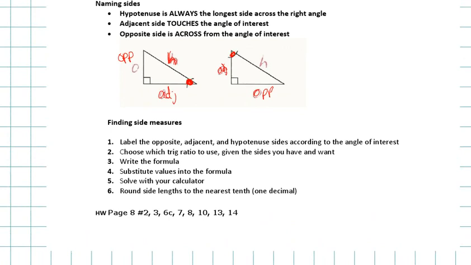Which SOHCAHTOA am I going to use? You keep asking yourself these questions so you know which ratio to use. You write the formula, substitute numbers in, solve, and then round the length to the nearest tenth, which means 1 decimal. Let's look at an example.